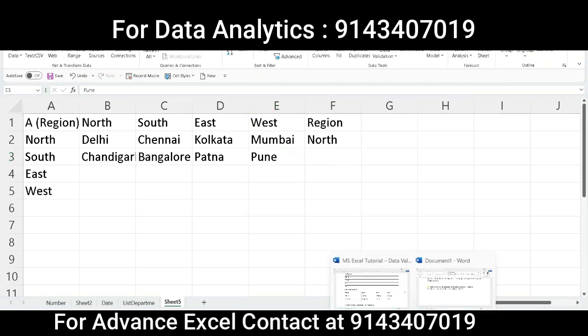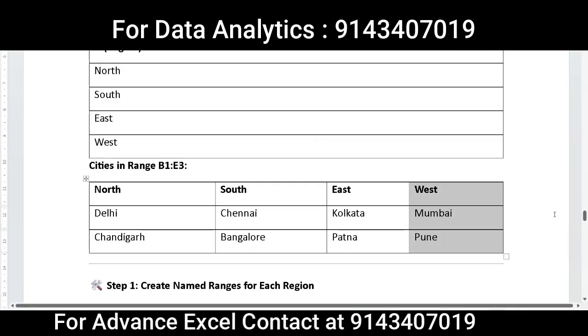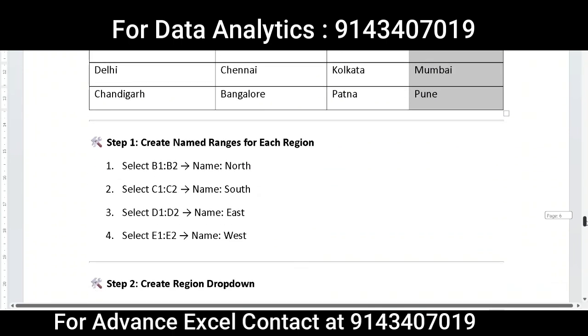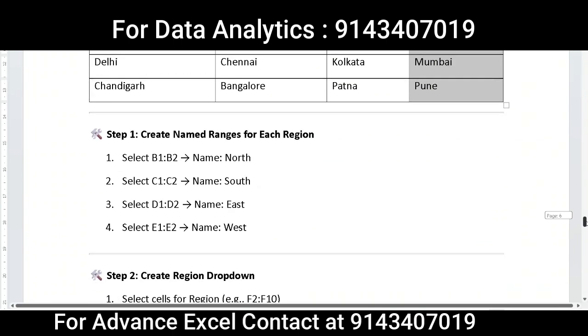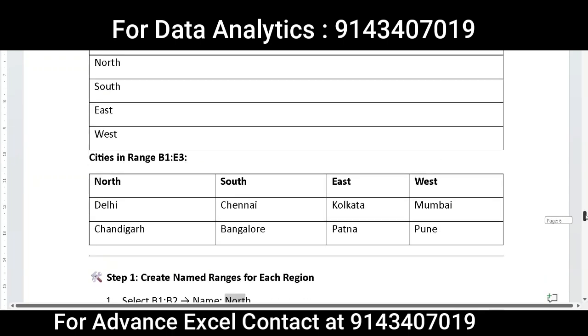Now let's see, I have given every step here. If you want this sheet, let me know. Now if the user chooses north here, the city will be Delhi and Chandigarh.